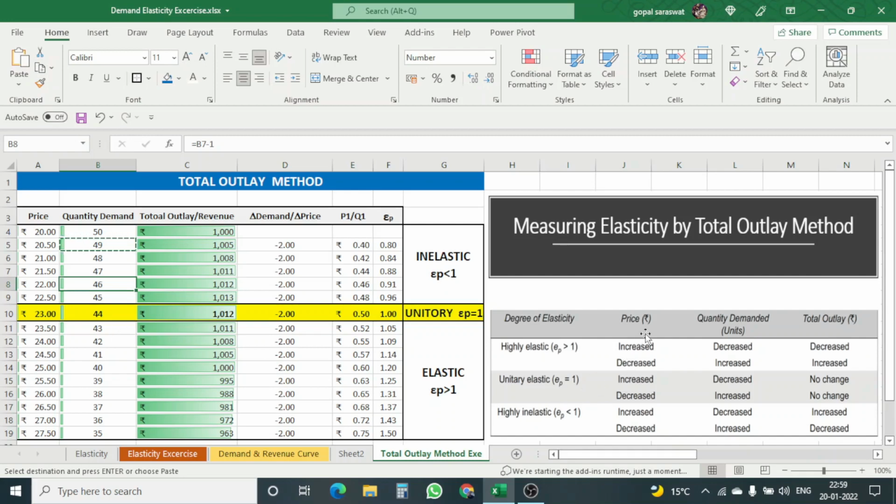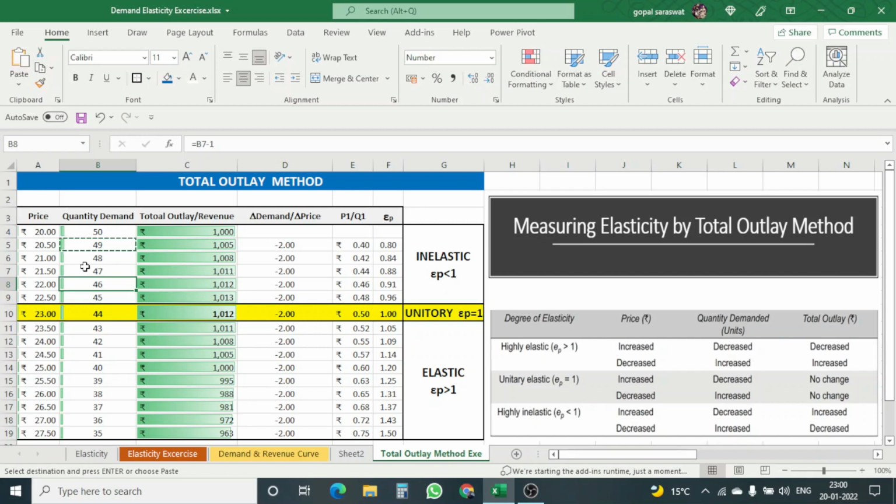So we satisfied the two conditions of the total outlay method proposed by Marshall. The first one is when price increases across the elasticities, either highly elastic, unitary or inelastic, the quantity demand must decrease. So we fulfill the two conditions.